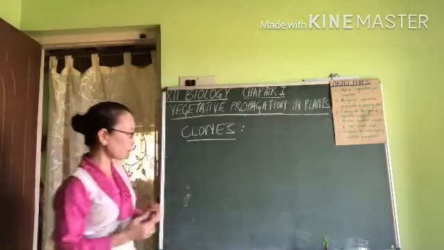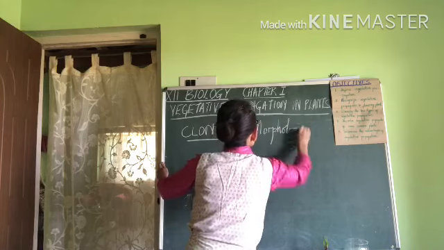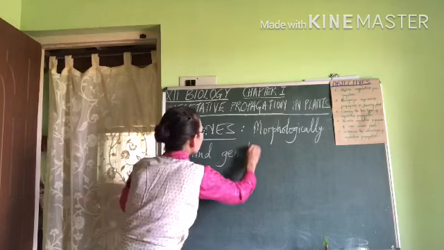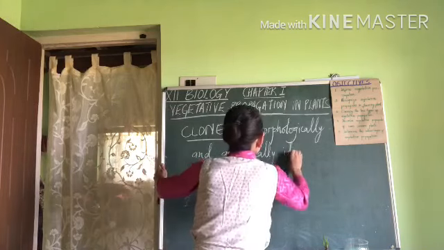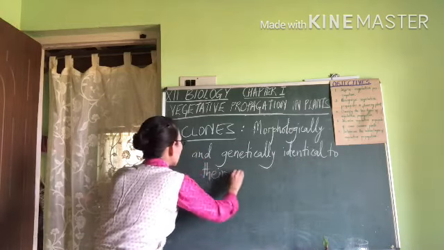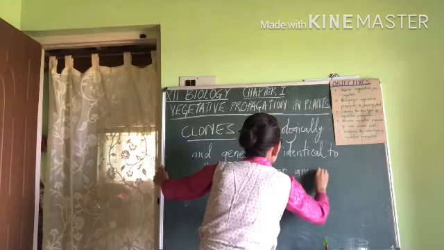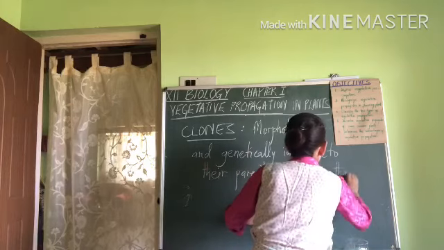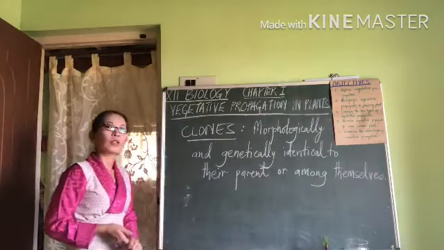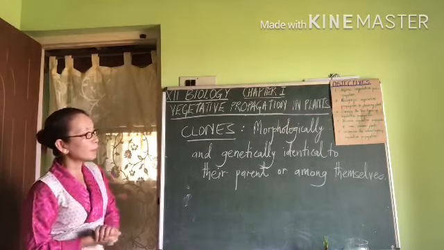Okay, so in another way, I'm going to be writing this as: clones are morphologically and genetically identical to their parent or among themselves.